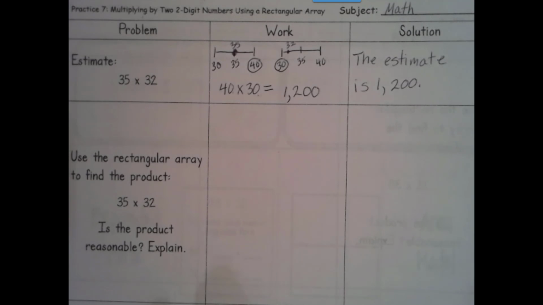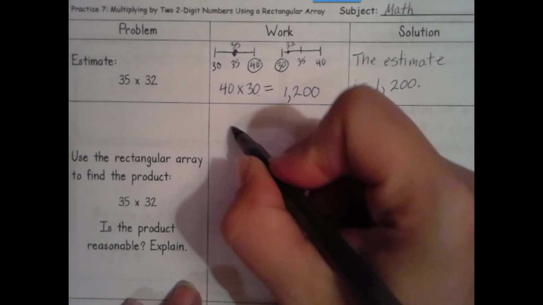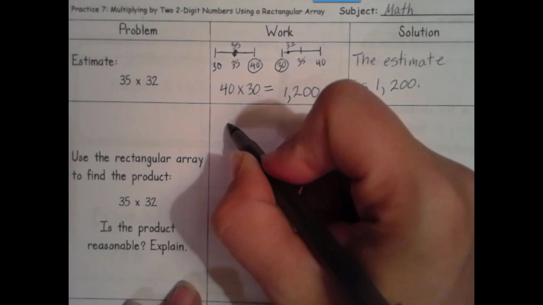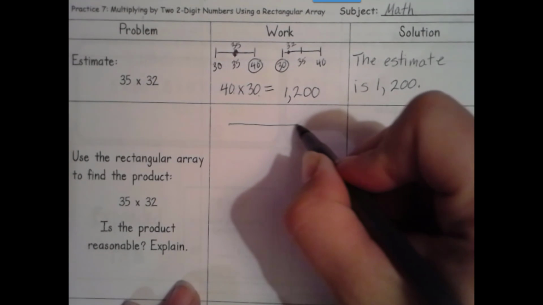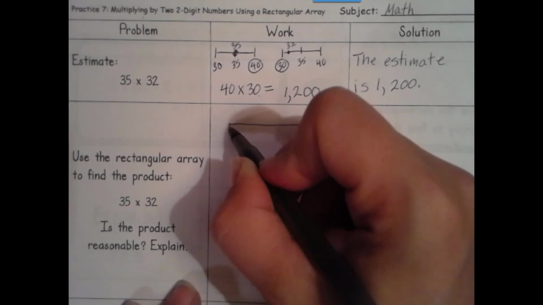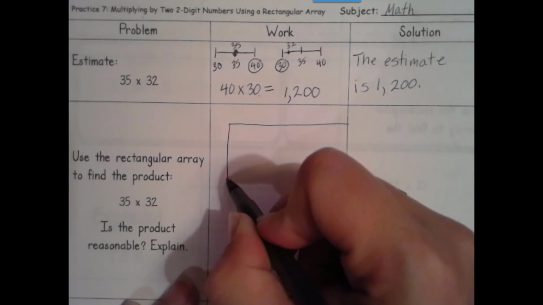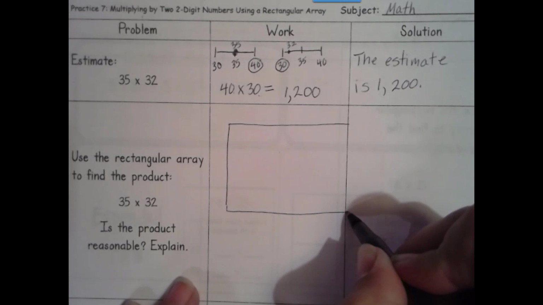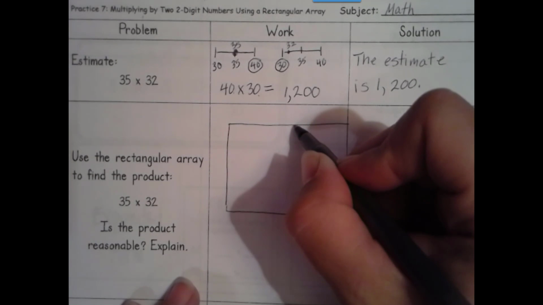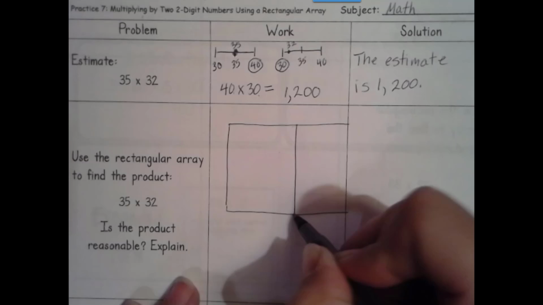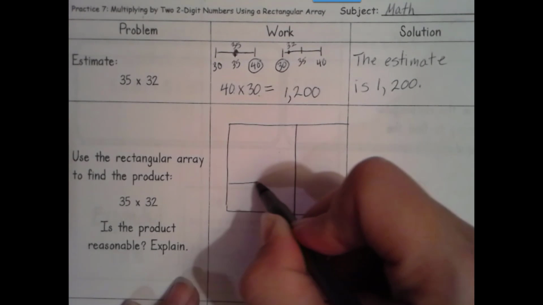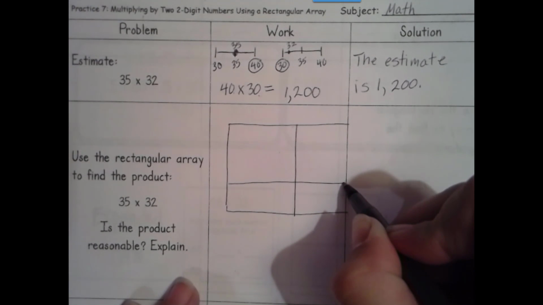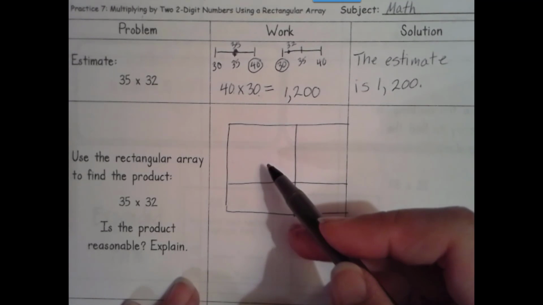Okay, now we're using our rectangular array. So we're going to have 4 boxes. I'm going to make this box a little bit bigger.